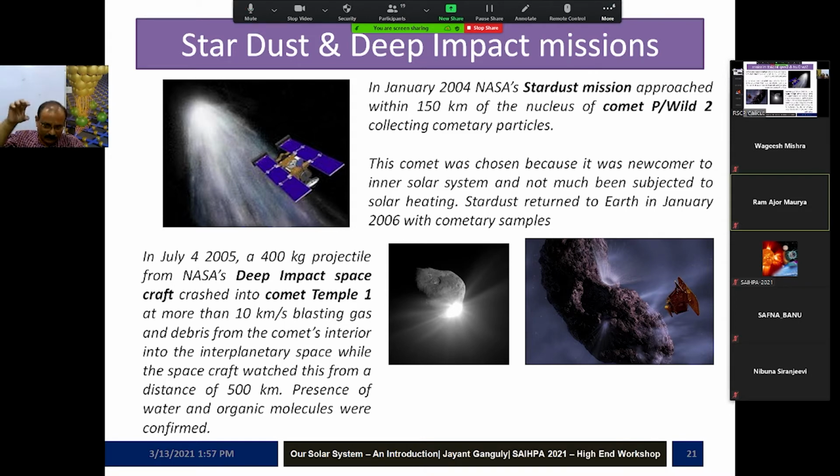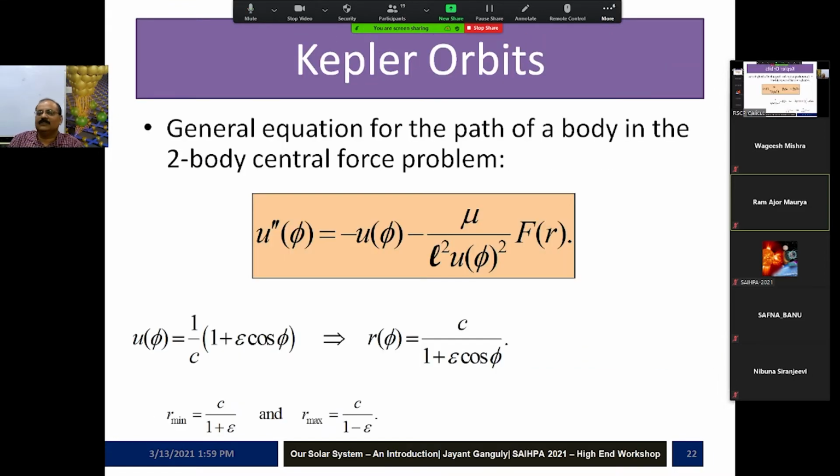The mother spacecraft, which was not an orbiter but just flying by, observed this event from a distance of 500 kilometers, and it showed the presence of water and organic material. We did some tests, and we understood what things are possible, which we had theorized and some of which got confirmed from this. So that is about those two missions.